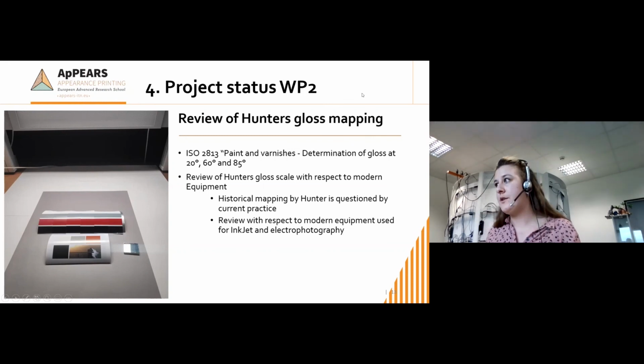This was later adopted in the ASTM standards and the ISO standard as the way of measurement of gloss. But this gloss mapping is today questioned by current practice, and the plan is to review the mapping with respect to modern equipment used for inkjet and electrophotography.